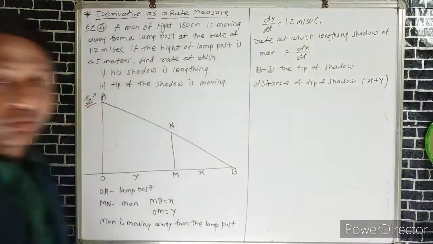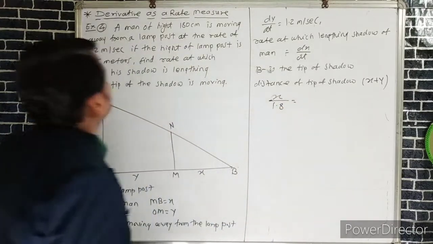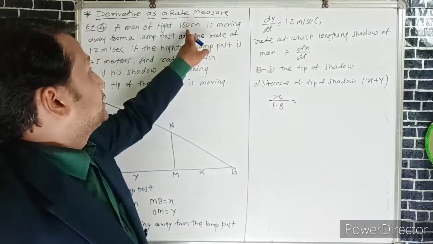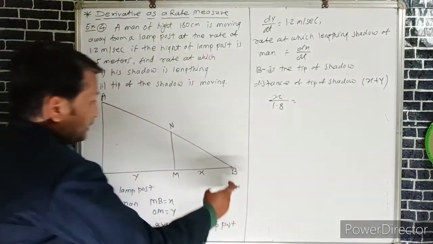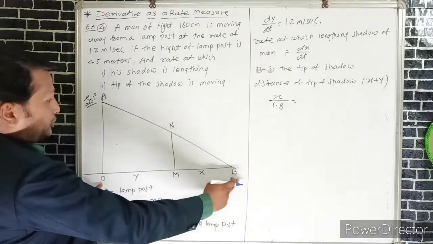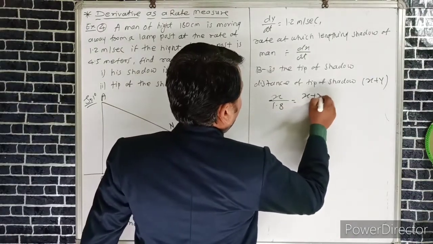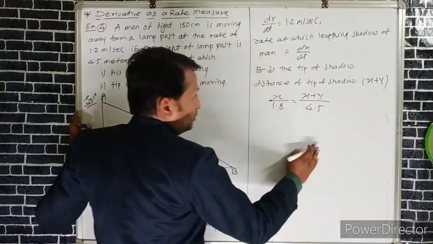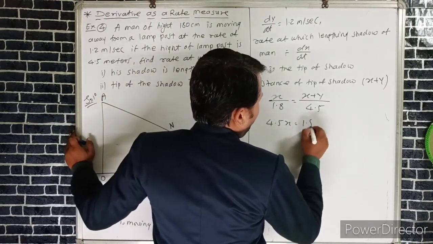So x upon 1.8, where 180 centimeter converted into meter is 1.8 meter, is equal to x plus y upon 4.5. If we cross multiply, we can write 4.5x is equal to 1.8 into (x plus y).